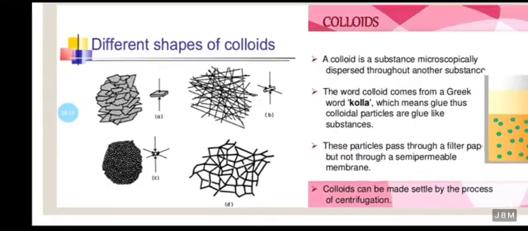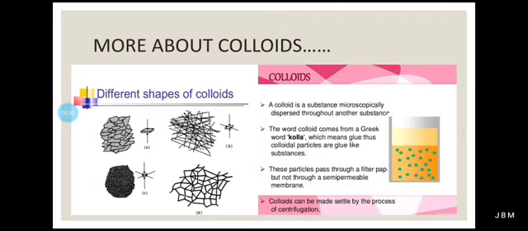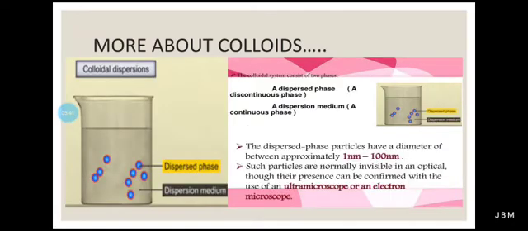Now, detailed study of the process of centrifugation will be undertaken when we come to study of different techniques of separation of the components of mixture, about which in this very lesson we will be studying. But right now you should only know that the particles of colloid can be settled by the process of centrifugation. Let us learn more about colloids.